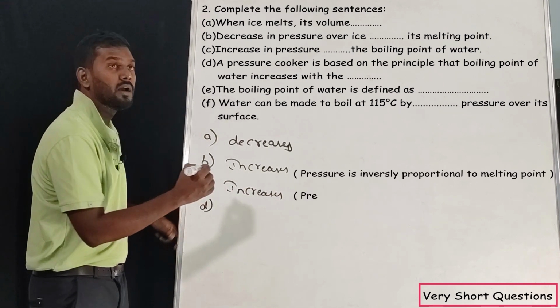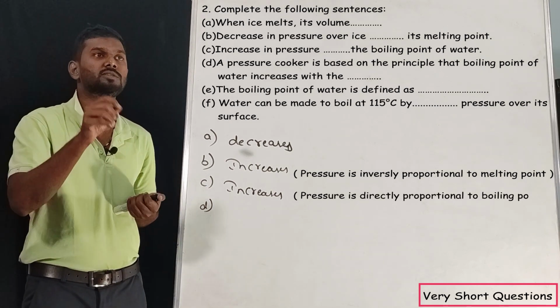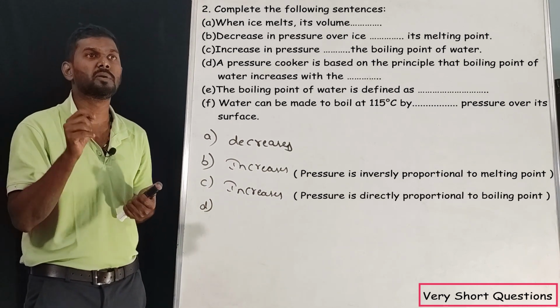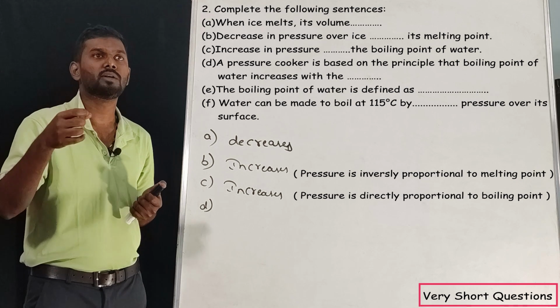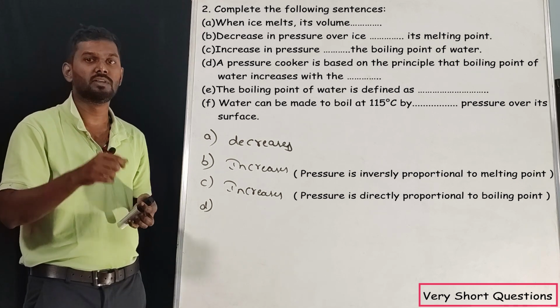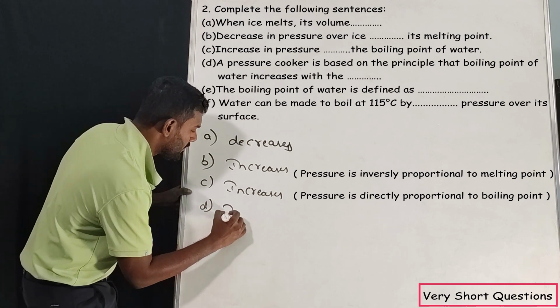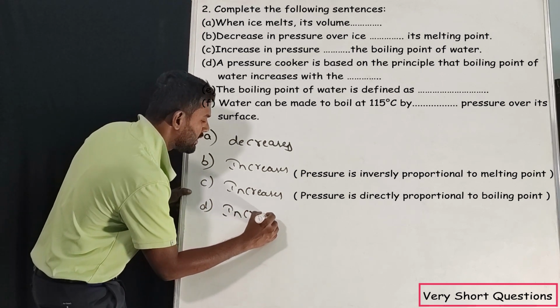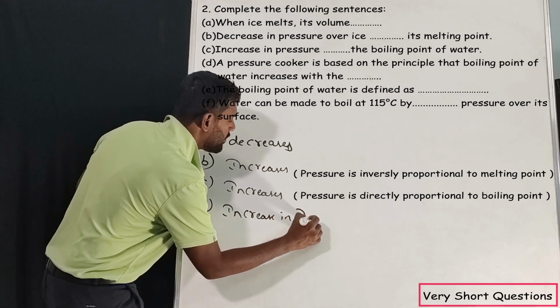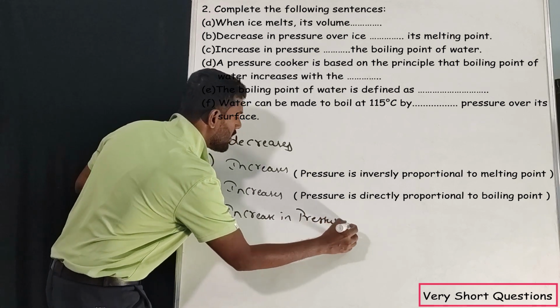Increases. Then D, the pressure cooker is based on the principle that the boiling point of water increases with the increase in pressure.